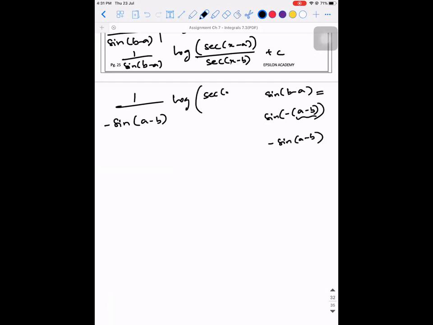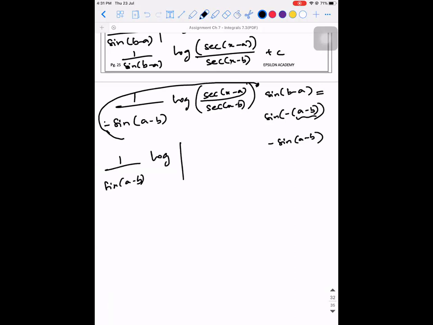Log of secant x minus A by secant x minus B. Now this minus sign, if it goes as a power, what will happen? 1 by sin A minus B into log of secant x minus A to the power minus 1, that is cos x minus A, divided by secant x minus B to the power minus 1, that is cos x minus B. Both are right. Yes, sir. Okay.